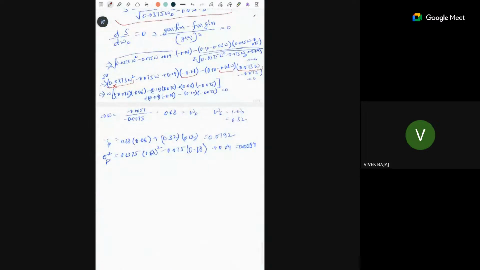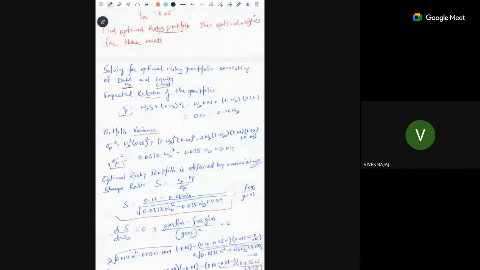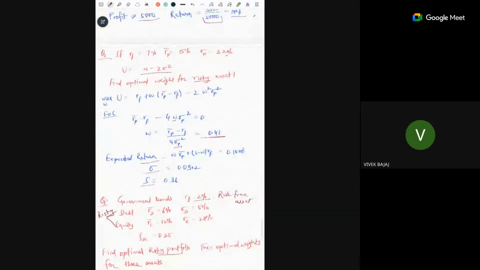Once you solve for the optimal risky portfolio, which I have done, I have found the RP and sigma square P. Now this problem becomes the same as this problem. If these conditions are given, then you can solve for the optimal weights for the risky asset and the risk-free asset. For example, here you got 41% for the risky asset.